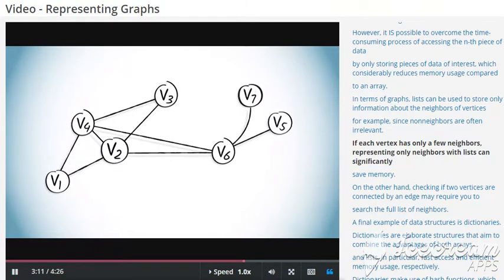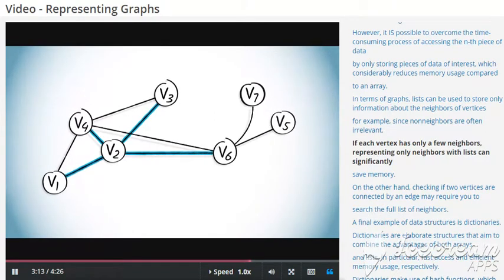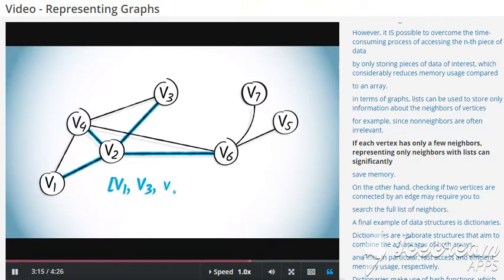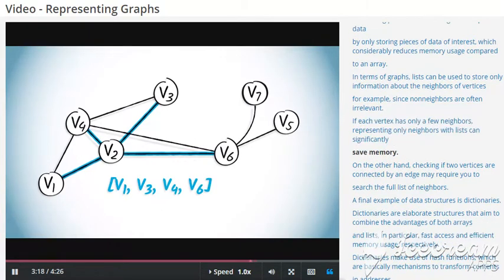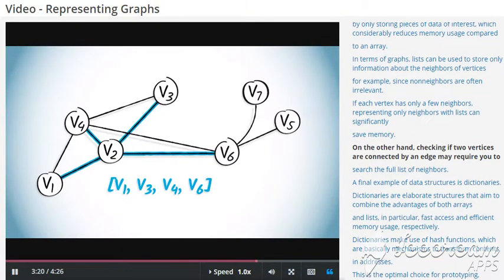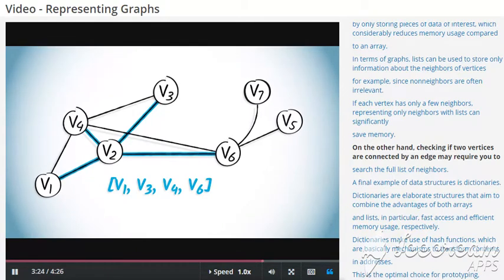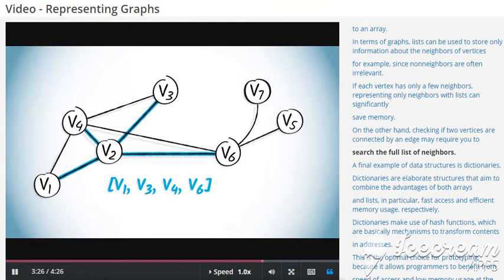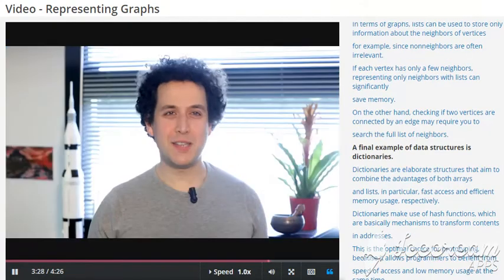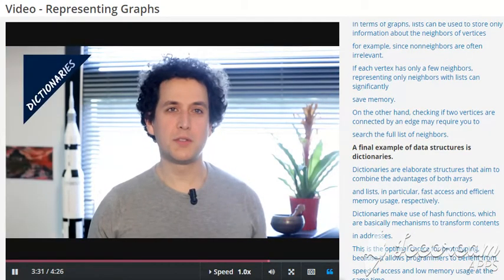If each vertex has only a few neighbors, representing only neighbors with lists can significantly save memory. On the other hand, checking if two vertices are connected by an edge may require you to search the full list of neighbors.